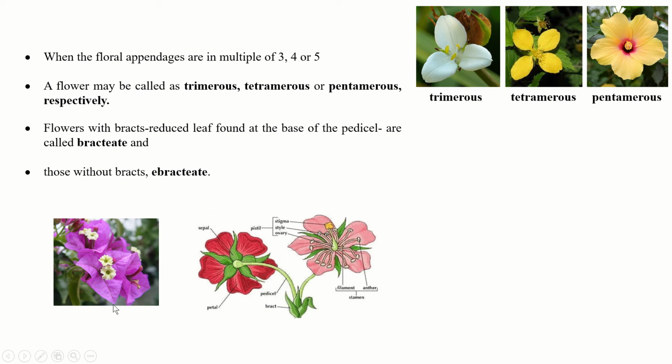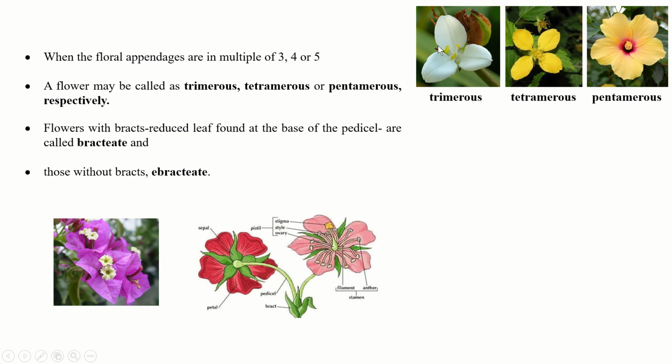Now today we will study a further classification of flowers based on the floral appendages. Floral appendages are calyx, corolla, androecium and gynoecium. When these floral appendages are in multiples of 3, 4 or 5, accordingly they are classified into trimerous, tetramerous and pentamerous.